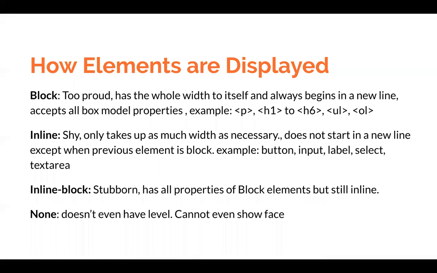The block element has a height, has a width, and fills the whole line. Any other element that comes after a block element goes to the next line. But an inline-block, yes, it has a height and a width, but it's still on the same line. Any other element that comes after it, if it is not a block element, goes on the same line with the inline-block element.